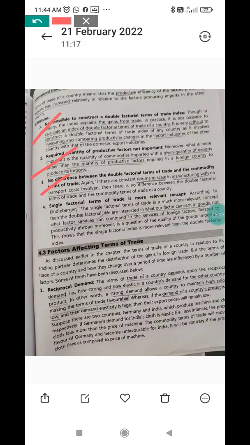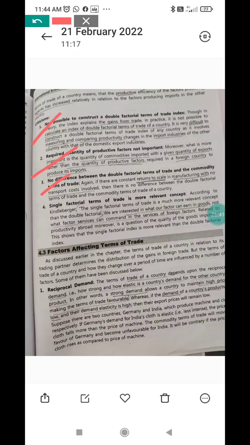Fourth here is single factorial terms of trade is a more relevant concept. See, according to Kindleberger, the single factorial term of trade is a much more relevant concept than the double factorial. Again, I will read here. Single factorial term of trade is a more relevant concept.